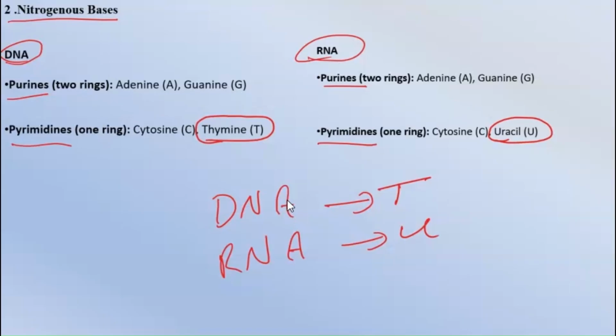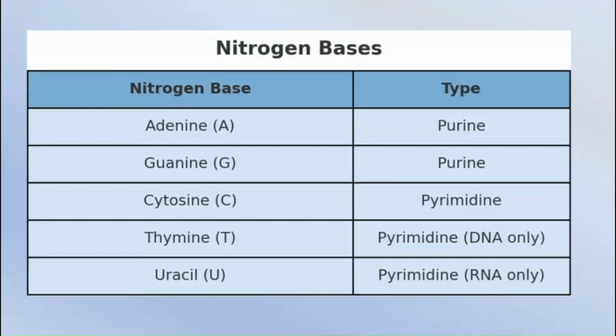Okay, and that's the only difference between the nitrogenous bases. Now, the nitrogenous bases themselves, they could be either purines, which means there are 2 rings, right? Or they could be pyrimidines, meaning that there's only going to be 1 ring. Okay, and here's a table to quickly recap it. So adenine is going to be a purine. Guanine is also going to be a purine.